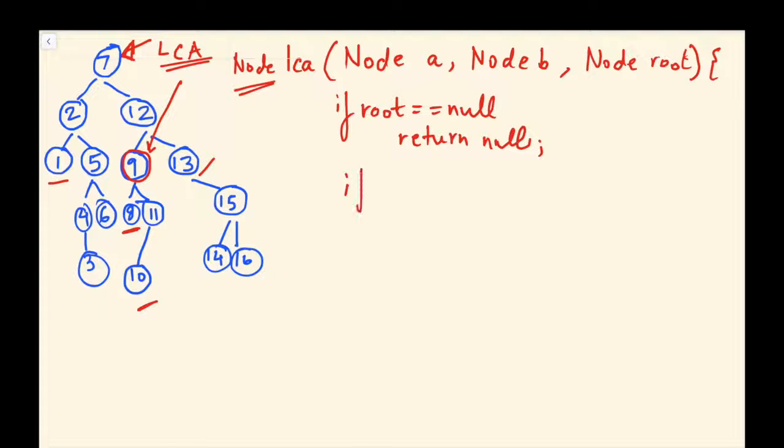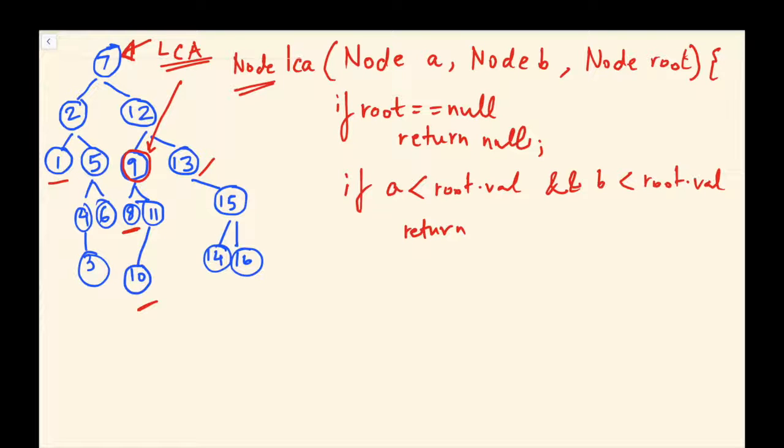Now, as I said, if A is less than root, and B is also less than root, then we should search the left subtree.